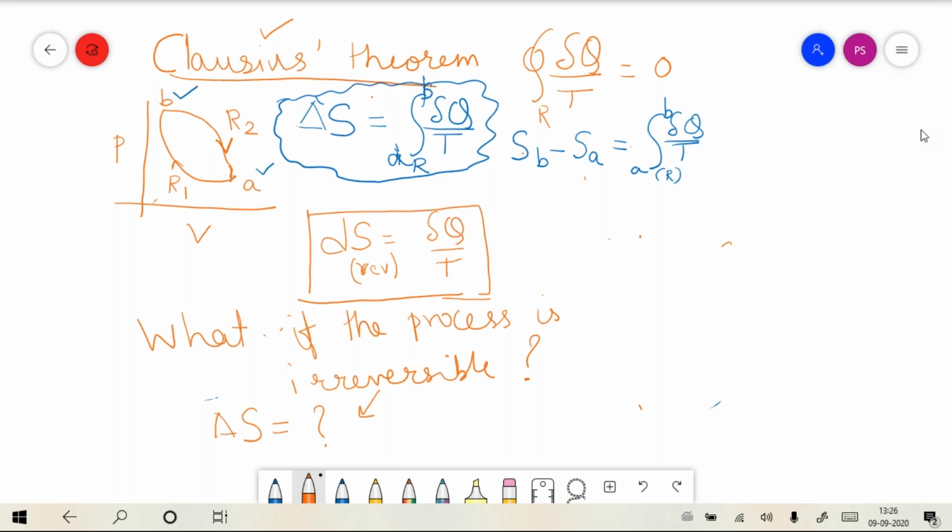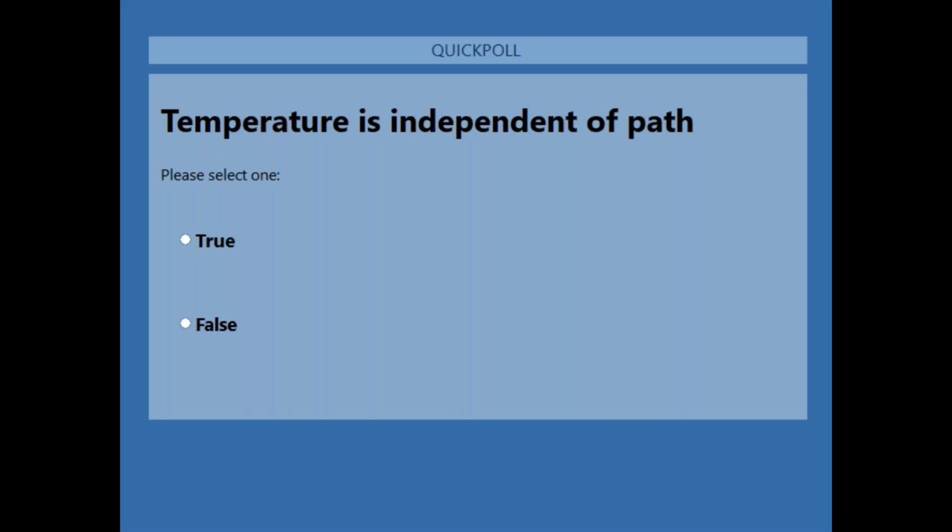Similarly, this question about temperature. Again, temperature, as I said, is a property, and it won't depend upon the path which is taken. If you want to achieve a certain temperature, let us say 50 degrees centigrade, you can attain it by different processes.